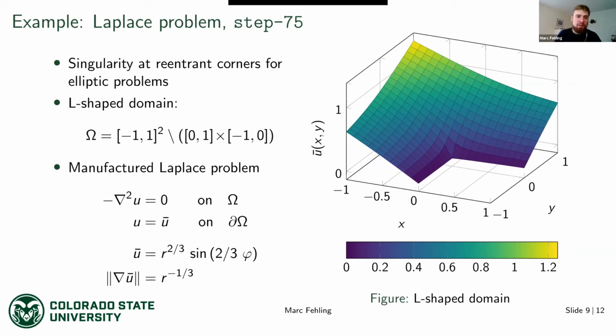And for elliptic problems, you will typically get a singularity at the origin. And what we try to do with our hp decision algorithms is use this example as a benchmark, so that our decision algorithm should h-refine near the singularity, and then use p-refinement in the regions which are smooth, so in all other regions.